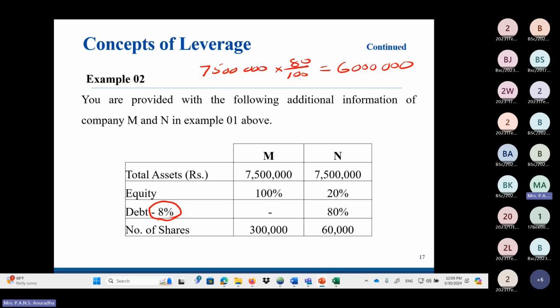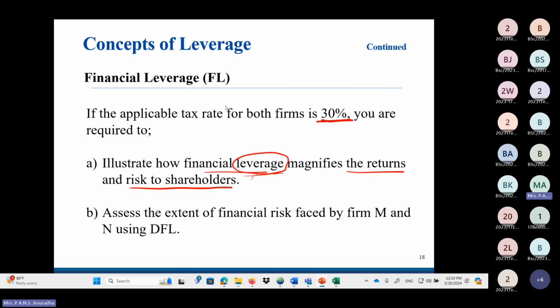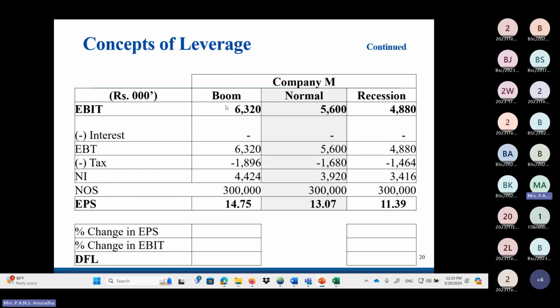Debt at 8%. So then you have to pay 8% interest cost. So then that is 480,000. So that is the interest cost, 480. So then you have to consider that for the company N. So this is the interest expenses, 480. Same for recession and the boom.